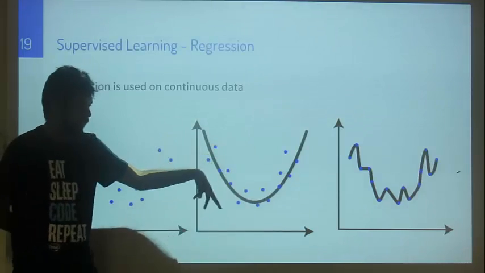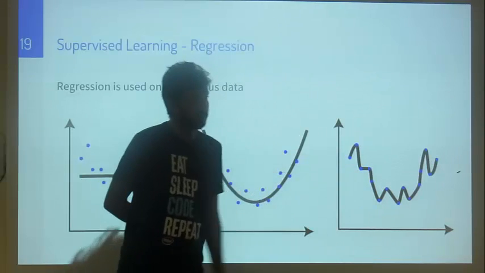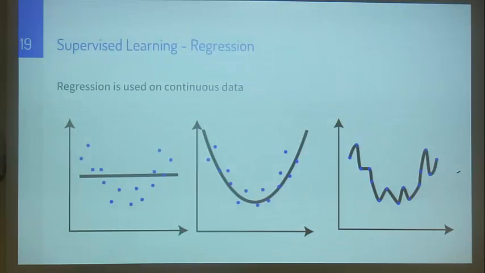Here you have a curve, and here you have something that goes across every data point, right? So what's the best model out of these three? Can someone tell what's the best model that suits our prediction?